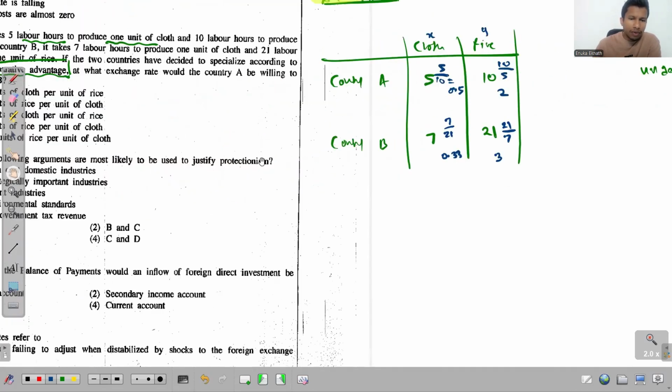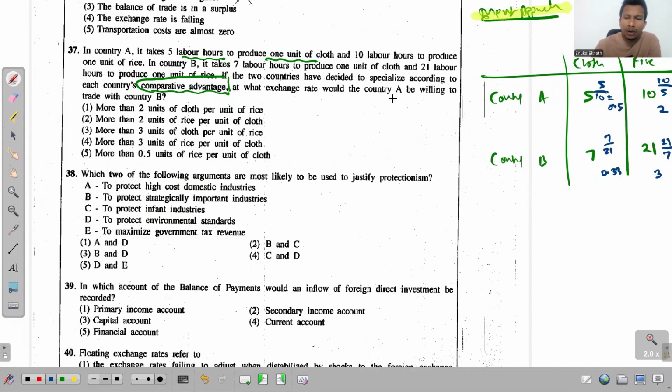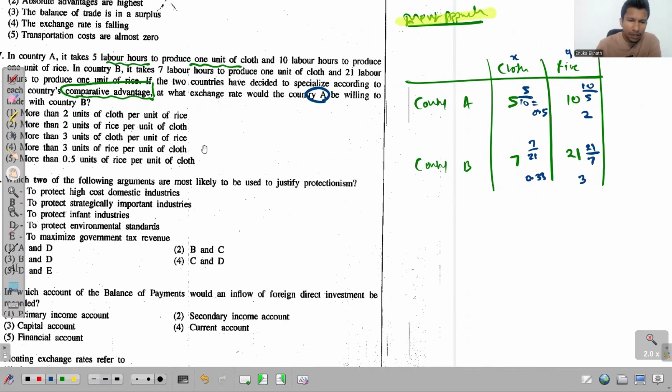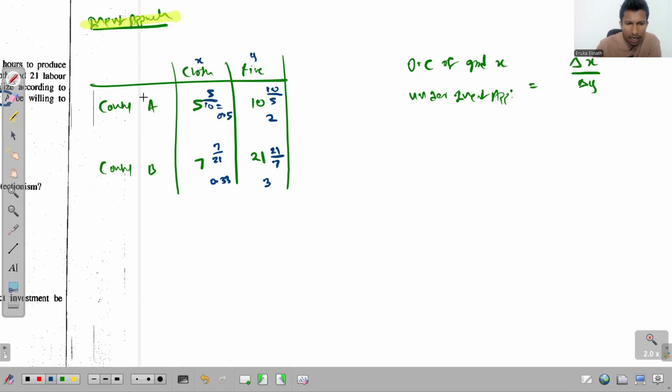Now, we need to develop this exchange rate, right? Better if we can develop it based on country A, because that's how we get the question. So let's first recognize which product country A specializes in. For clothes, the lowest opportunity cost is here, and for rice, the lowest opportunity cost is here.